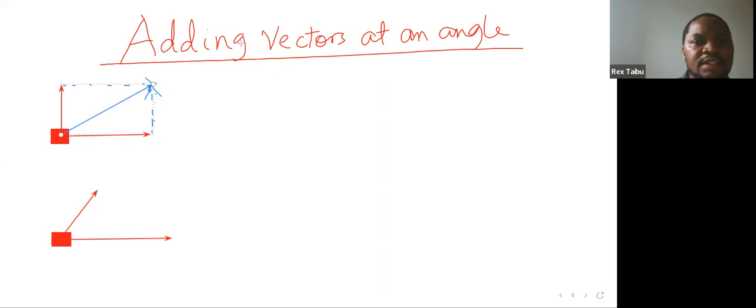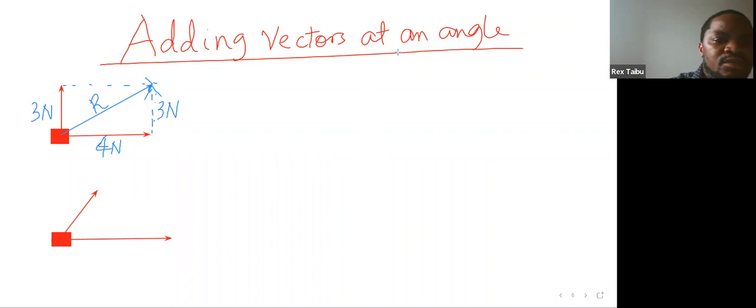And then once you do that, you can say that the resultant, we call it the resultant, is here. That's the resultant or the net vector. So imagine if this was 4 newtons and this was 3 newtons, then this one will be 3 newtons as well, because it's just one side of the parallelogram, or a rectangle.